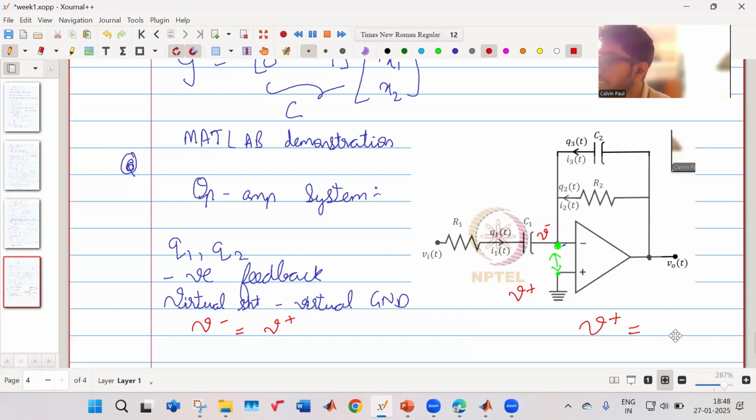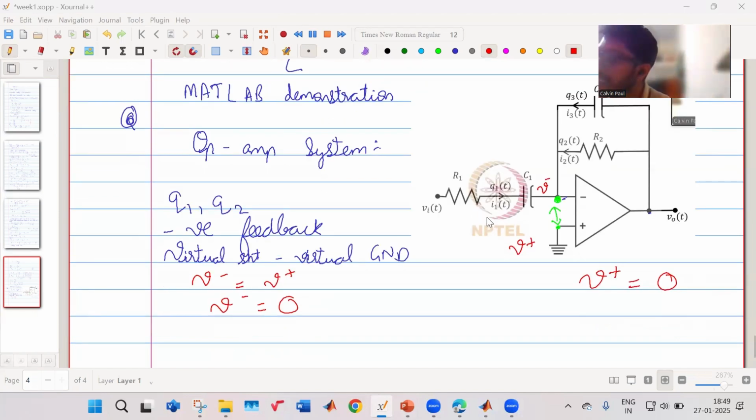The voltage at V plus is connected to ground, so it is 0 volt. That means my V minus should also be 0. So these are the voltages over here.